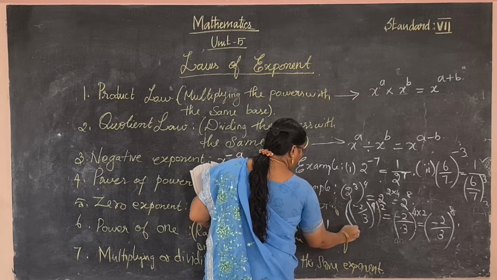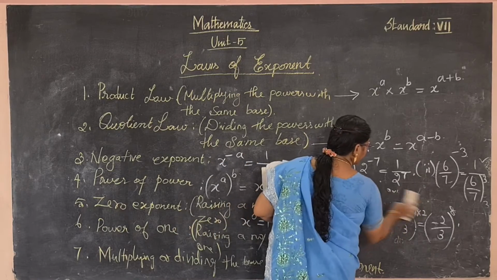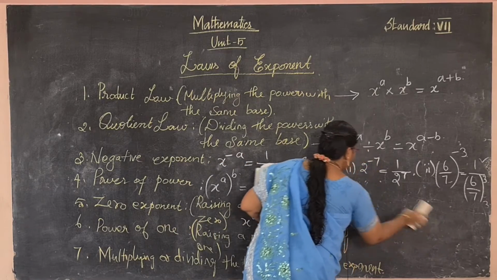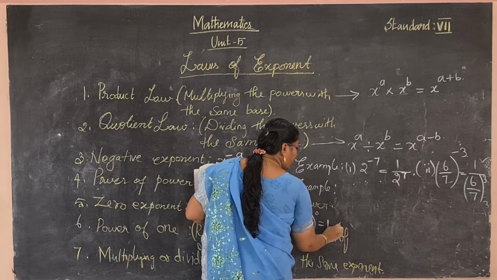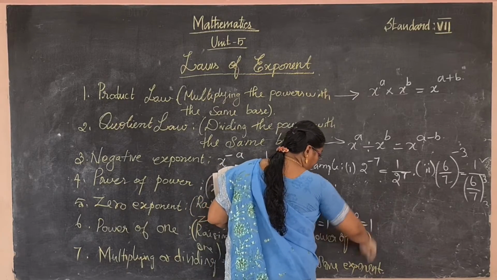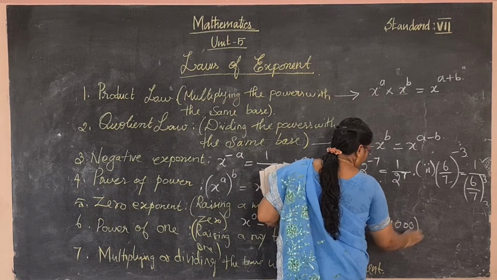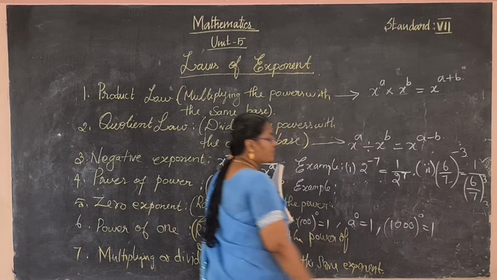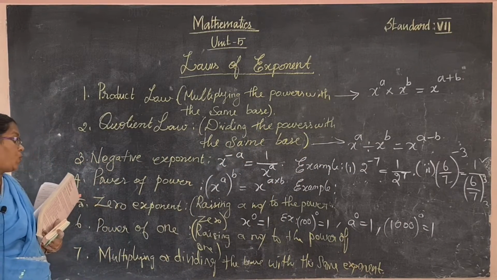Another example, a power 0 is equal to 1. 1000 power of 0. Anything power of 0 is 1. That is called the zero exponent.